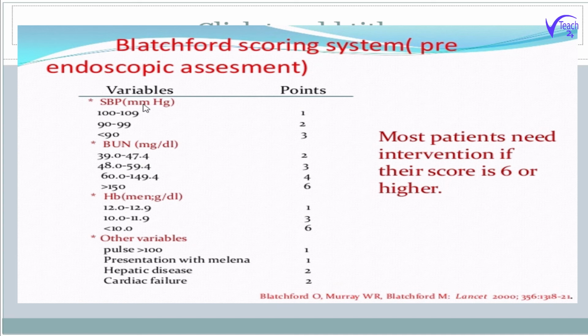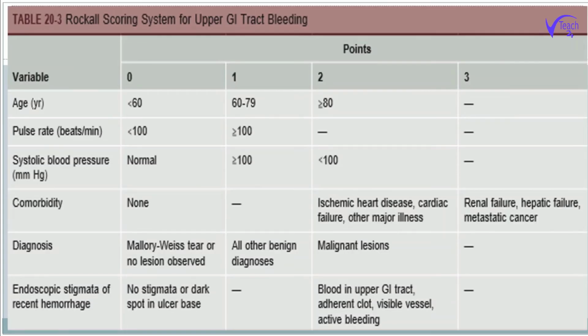That is simple: blood pressure, blood urea nitrogen, hemoglobin, pulse, presentation with melena, hepatic failure, or cardiac failure. And then the total score. Most patients need intervention if their score is 6 or higher. The higher the score, the higher the chances that an intervention is needed.